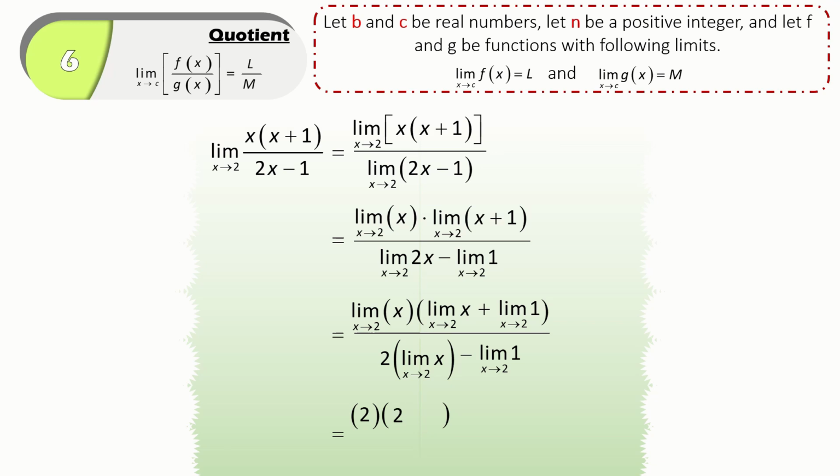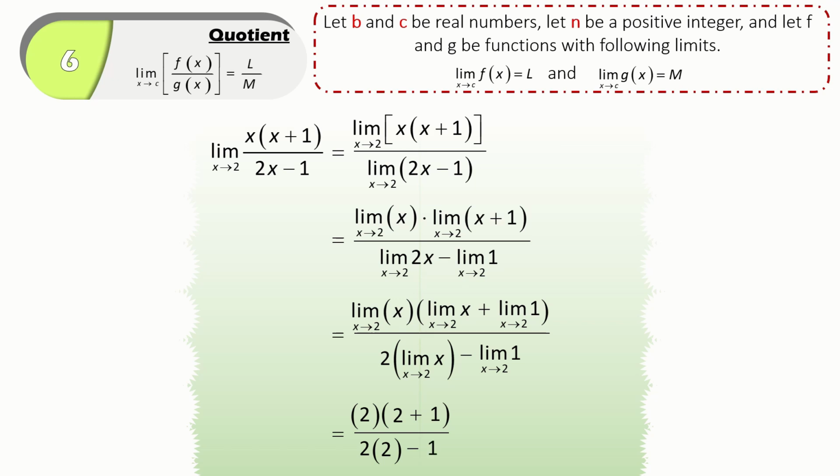And the constant property to the limit of 1 as x approaches 2 is 1. In the denominator, we write 2 and apply the identity property to the limit of x as x approaches 2, which is 2. Apply the constant property to the limit of 1 as x approaches 2 is 1.